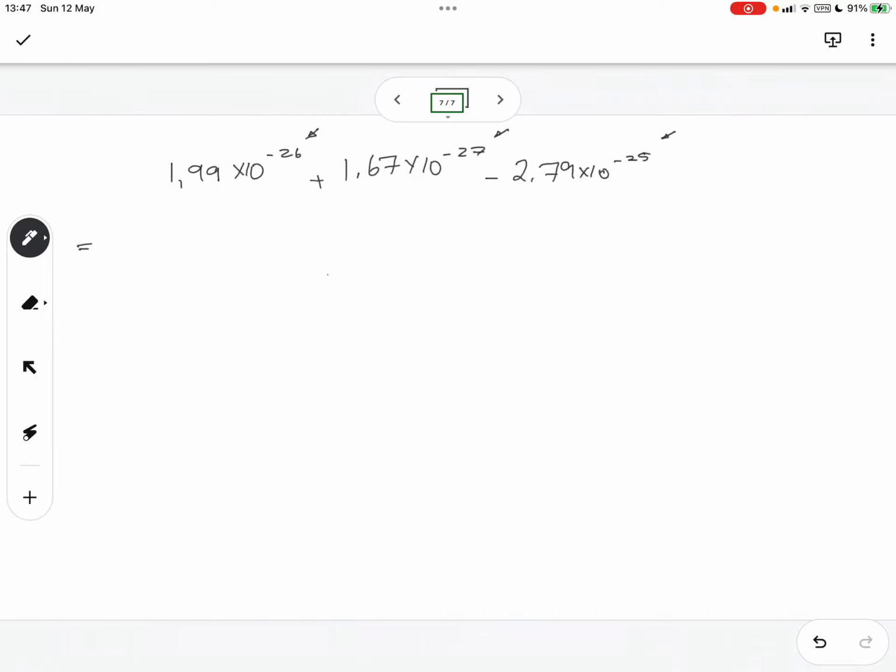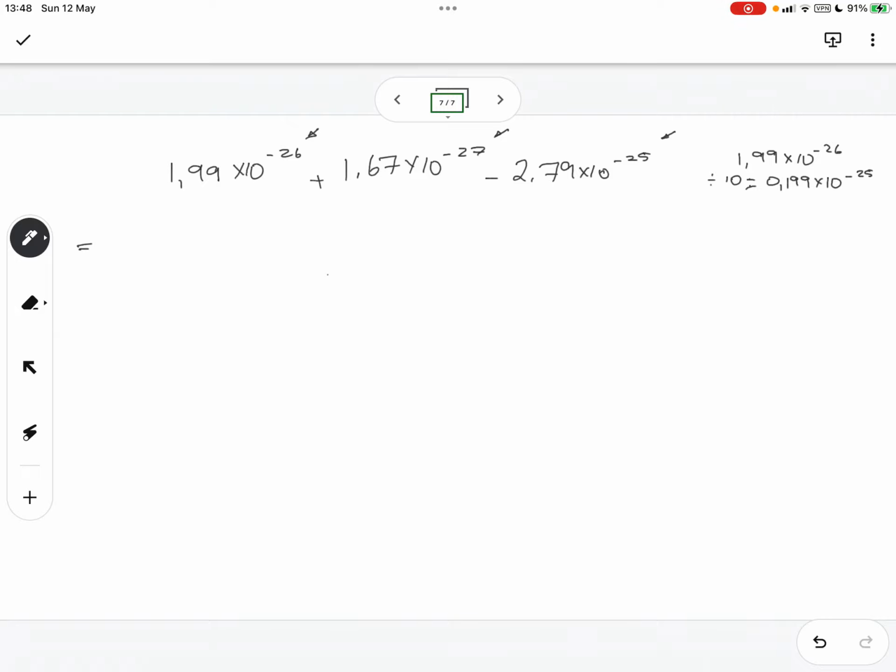So if we look at exponent minus 25, then we take 1.99 times 10 to the power negative 26, and we divide it by 10, so we will have 0.199 times 10 to the negative 25.